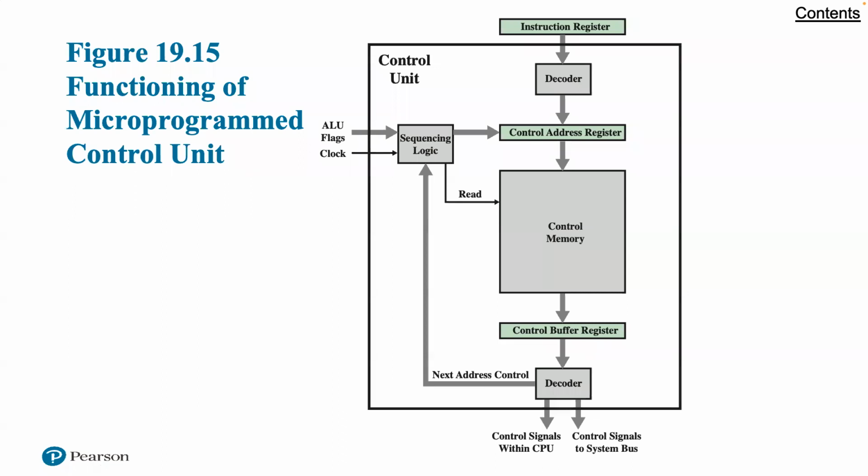So let us examine this structure in greater detail as depicted in figure 19.15, which we're showing here. Comparing this with figure 19.14, we see that the control unit still has the same inputs and outputs. The control unit functions as follows. To execute an instruction, the sequencing logic unit issues a read command to the control memory.